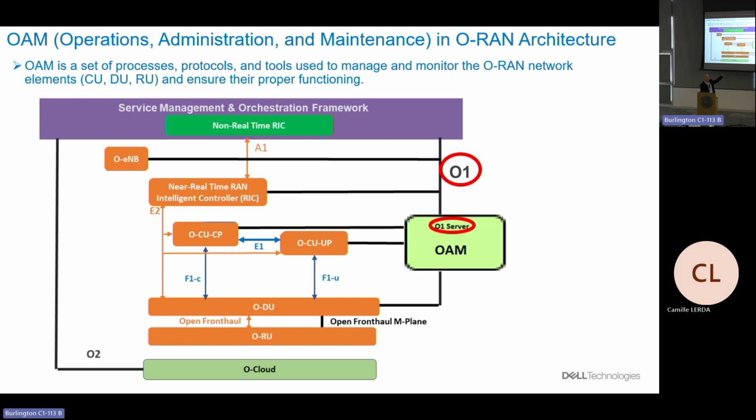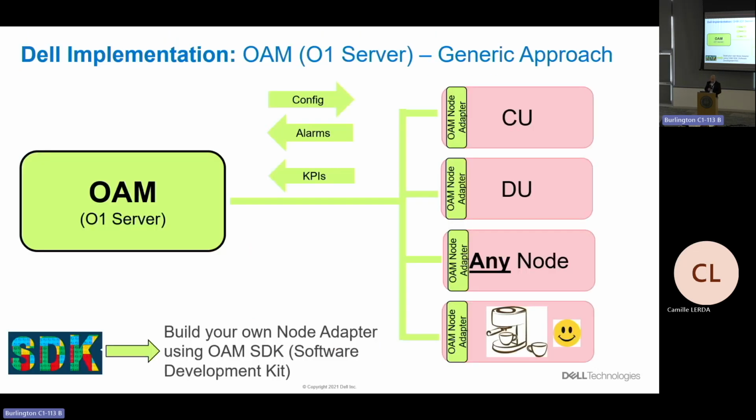And of course, there is a management interface that connects all those pieces through the piece of software that I'm going to talk about, OAM, to the northbound: network controllers, management systems, and so on. This piece of software acts as an O1 server, and this is what I'm talking about.